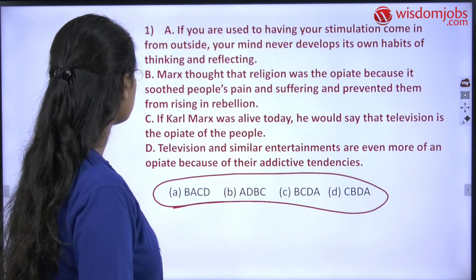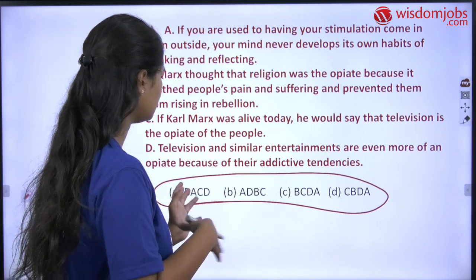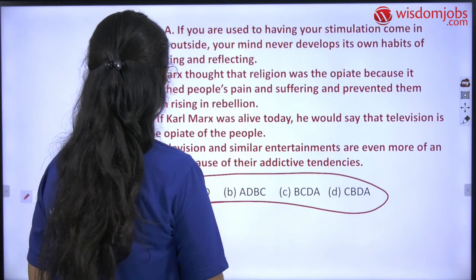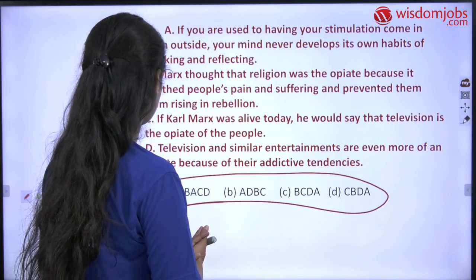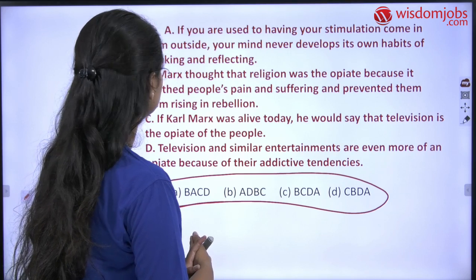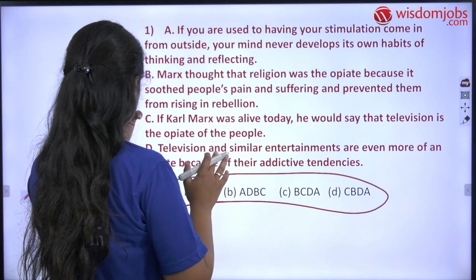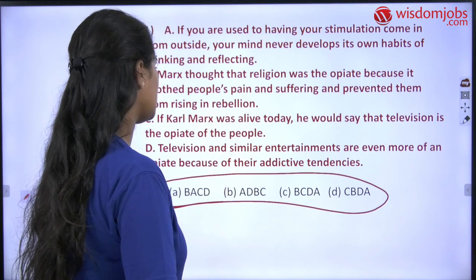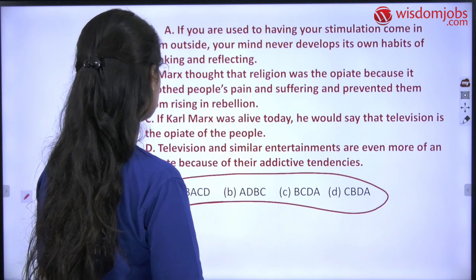So, now let us find out the opening and closing sentences according to the thing. So, now let us read the sentences. If Karl Marx was alive today, he would say that television is the opiate of the people.